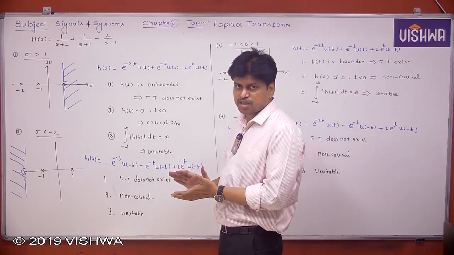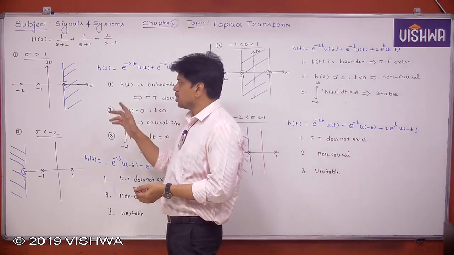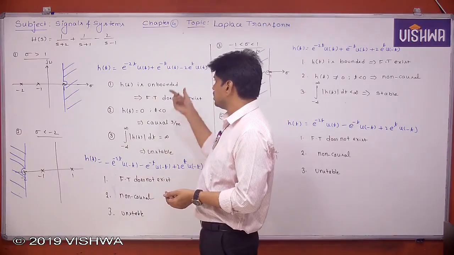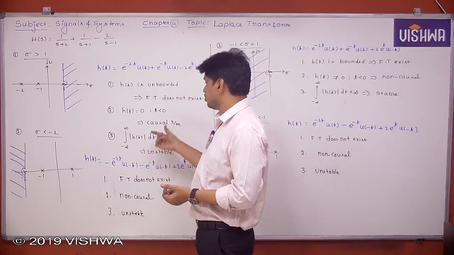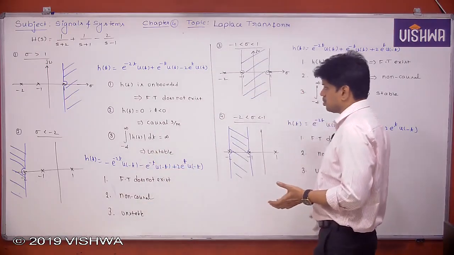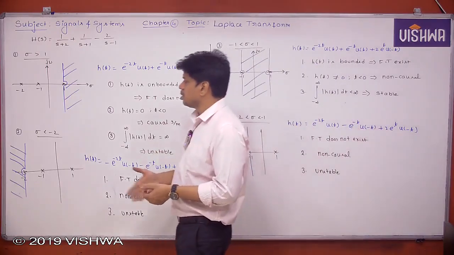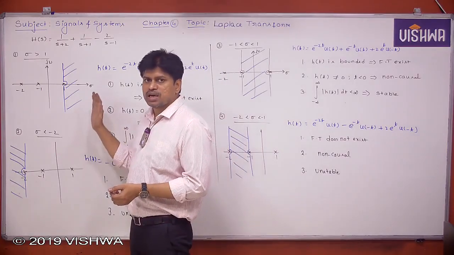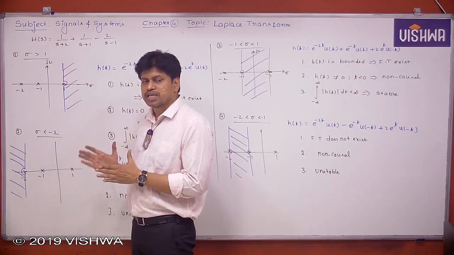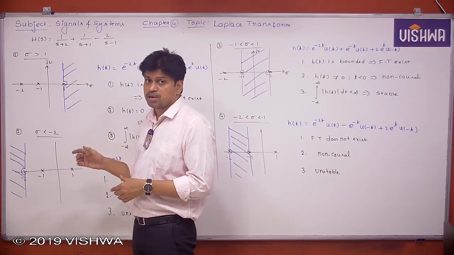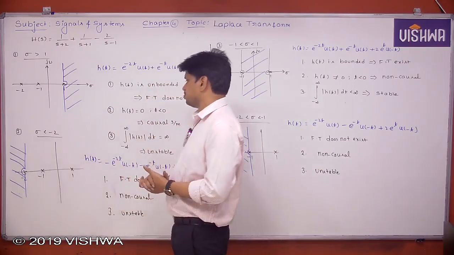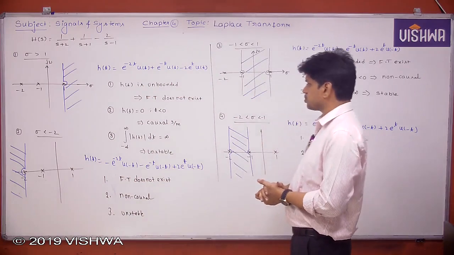Then we can get a causal signal, otherwise we will never get causal. So can I simply say the ROC is to the right of the rightmost pole? If the ROC exists to the right of the rightmost pole, then we can call that system or signal a causal system.